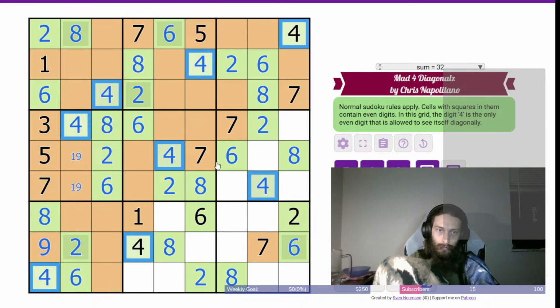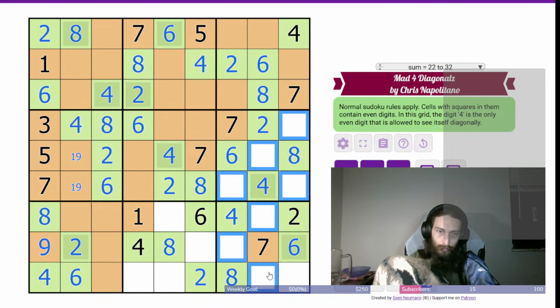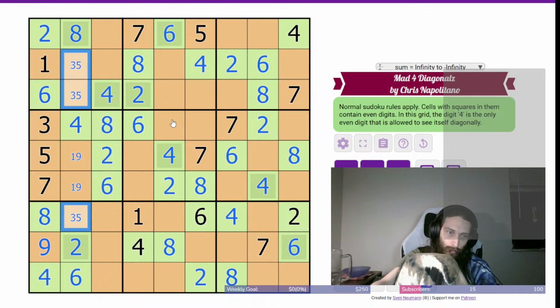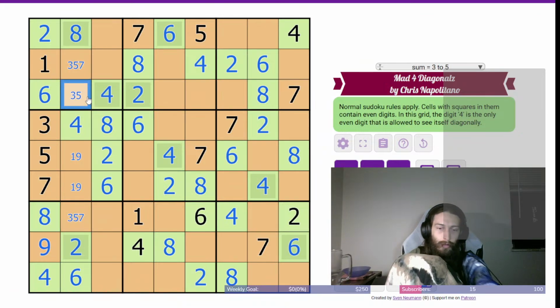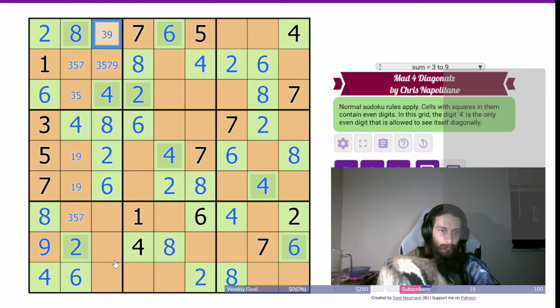Oh, no, box 9 needs a 4. 3, 5, 7. Not a 7. 3, 5, 7, 9. Not 5 or 7.